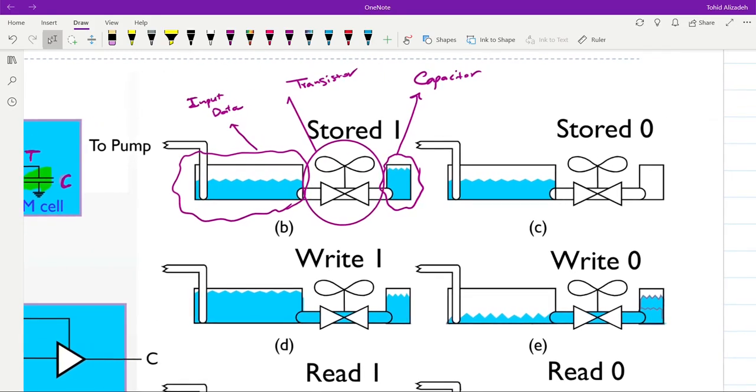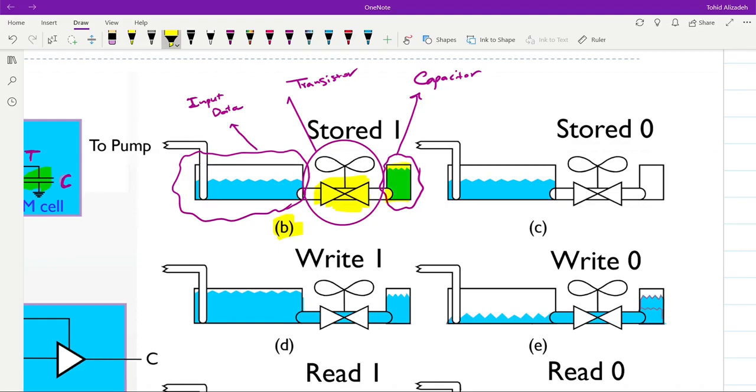Then what we see in this B section is that the valve is closed, and we have the value of 1 stored in our tank or in our capacitor. So you can see that it is filled almost completely.